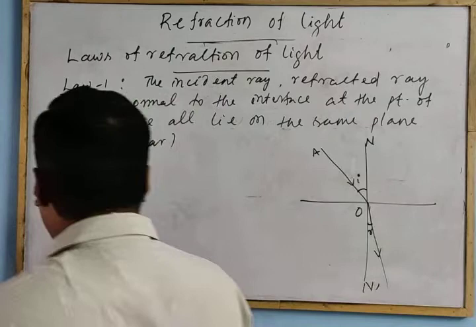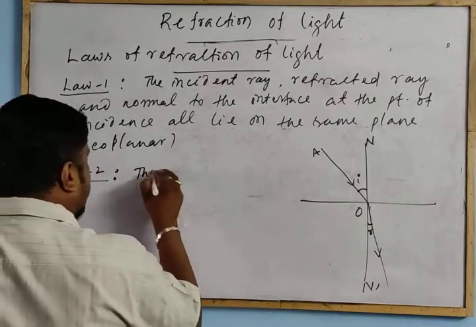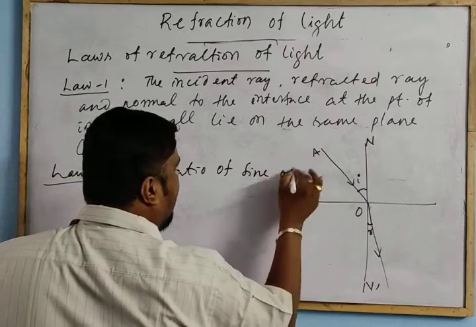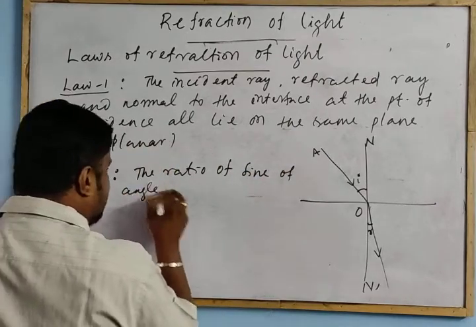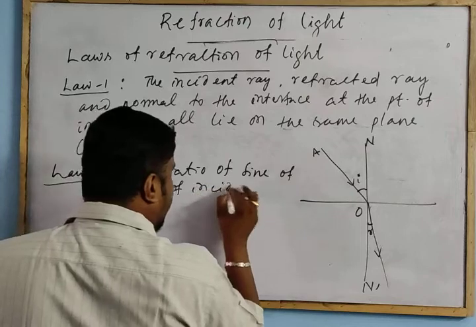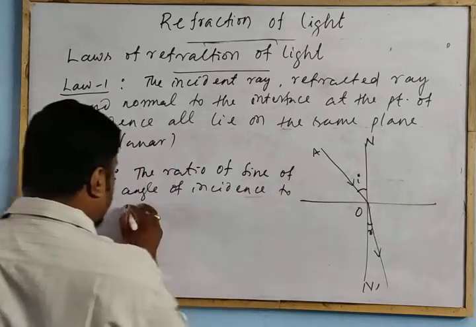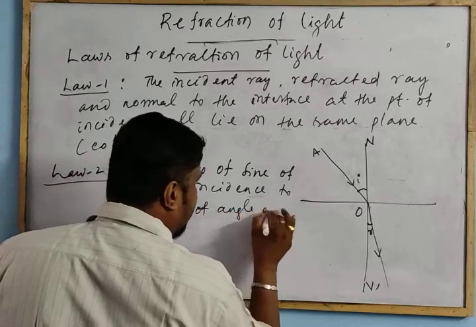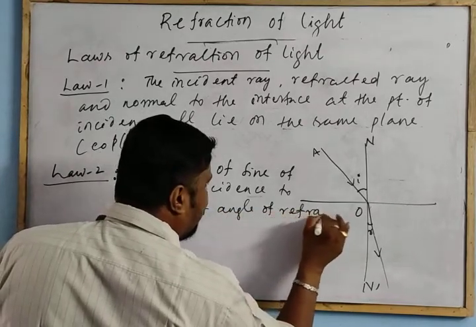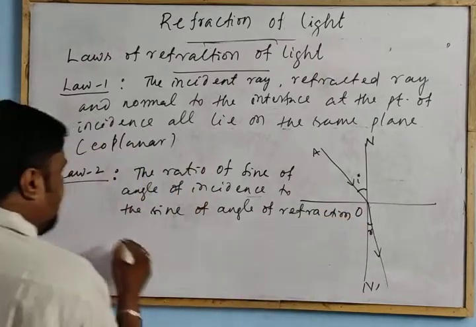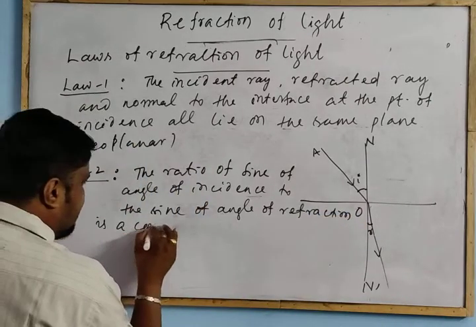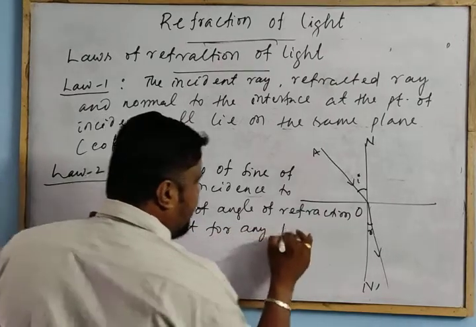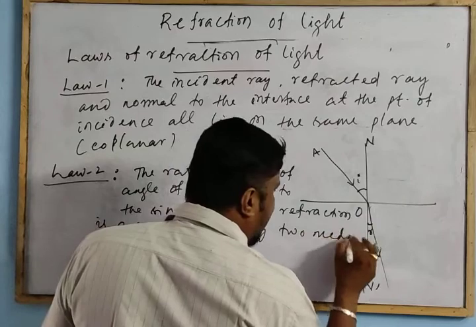For any two given media means the ratio of sine of angle of incidence to the sine of angle of refraction is a constant for any two media.